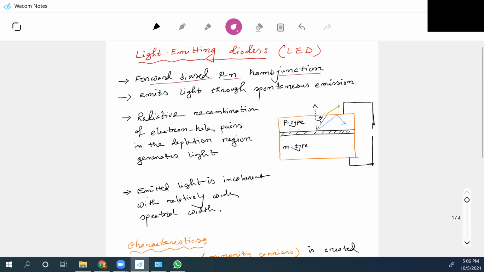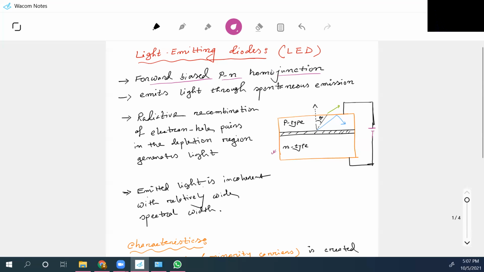Here is a typical PN junction, and it is forward biased. To forward bias this PN junction, P has to be positive so that it can supply the majority carrier, which is hole, and negative is connected.